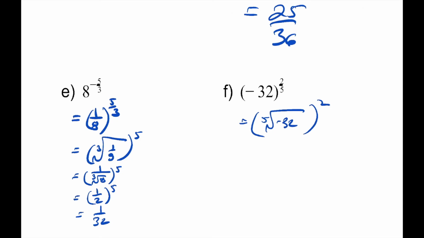Well, now we're talking about a fifth root. So a number multiplied by itself 5 times, can that be negative? Well, because it multiplies itself an odd number of times, if the number was negative, it would stay negative. So here it's going to be the fifth root of negative 32, which is negative 2. And then we want to square that. So our final answer is going to be 4.